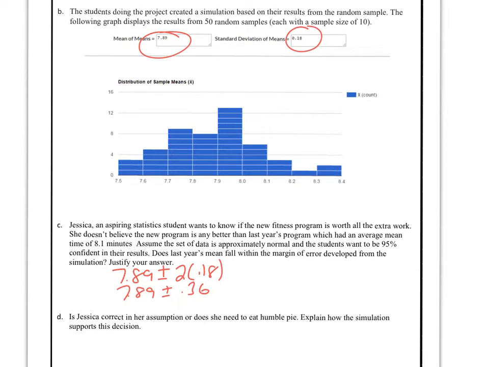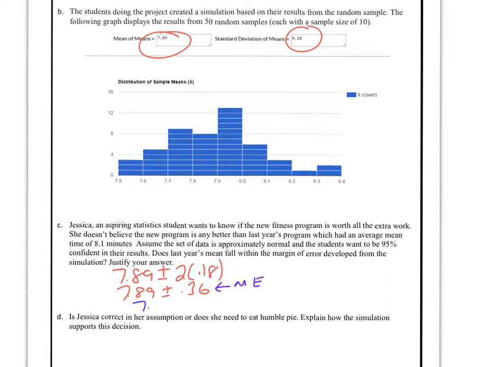Now, that margin of error is how much you're adding or subtracting to the middle number, the mean. So the margin of error for this problem is right here. This is our margin of error. So 7.89 plus 0.36 and 7.89 minus 0.36 will give us the value of our highest and lowest possibilities.